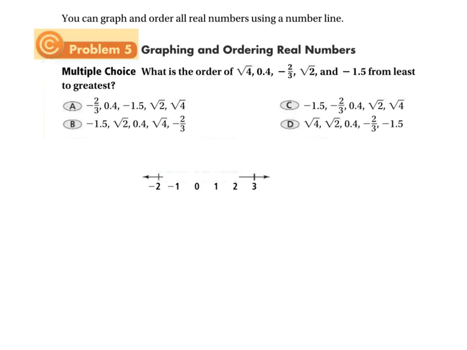Okay, well, one thing that I know straight off the bat is that negative numbers are always smaller than positive numbers. So these two right here, negative 2/3 and negative 1.5, are going to be the lowest ones, right? Now, which is lower? Well, this is between 0 and negative 1, right? It's less than 0, but it's not quite negative 1. It's only negative 2/3.